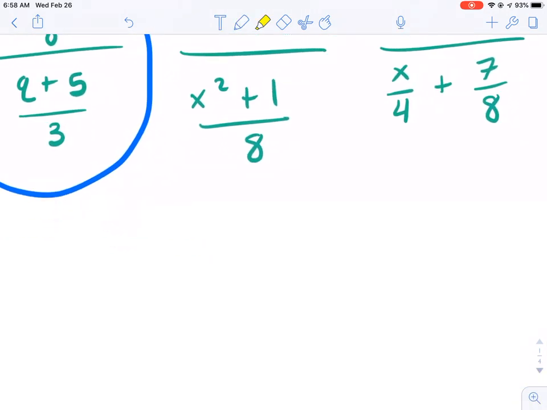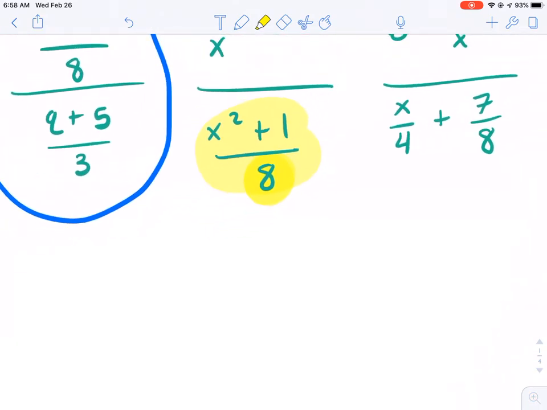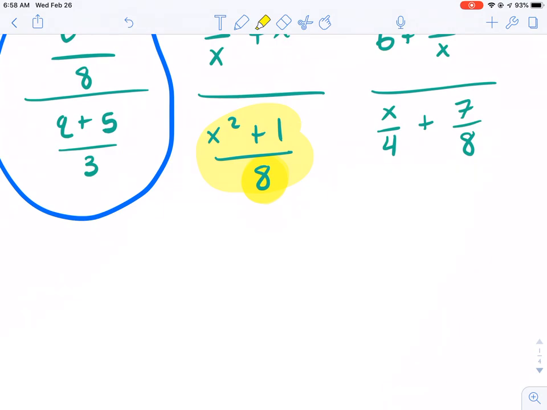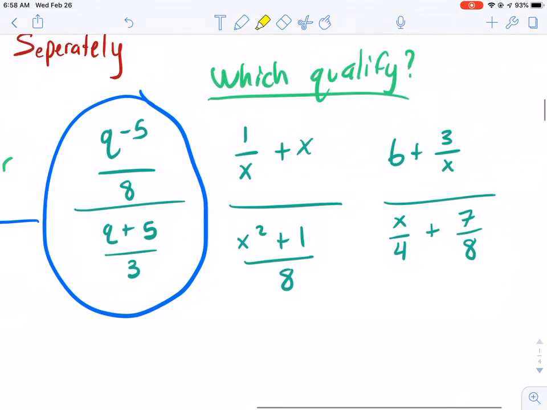In the bottom of the fraction, we see that everything is over 8, which is what we want. Even though there's addition in the top, that's okay, because the denominator is a single fraction. There are no separate denominators, so that is good. That passes the test. But look here in the top. Technically we would write this x over 1. See how we have 2 different denominators? That's a bad thing.